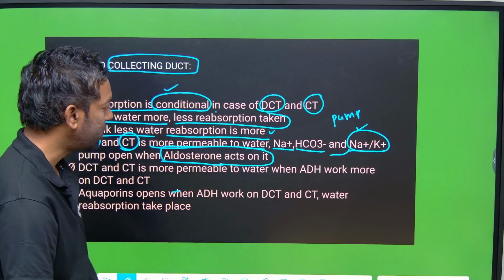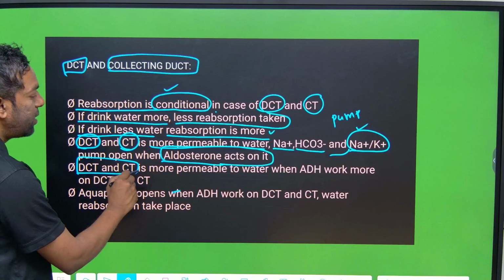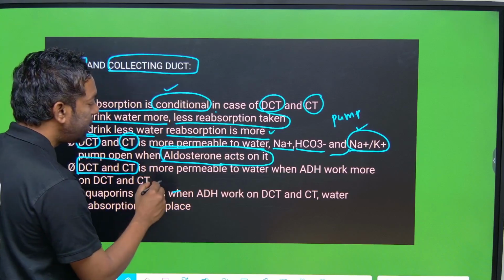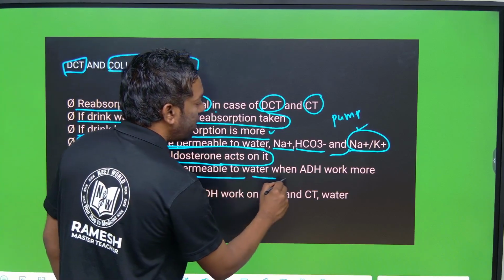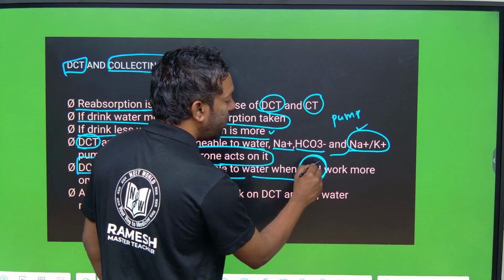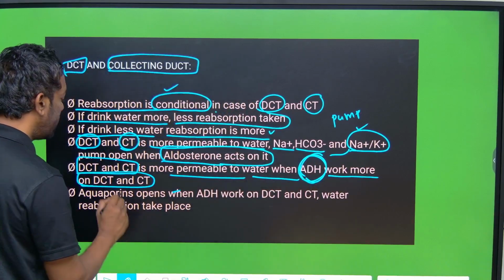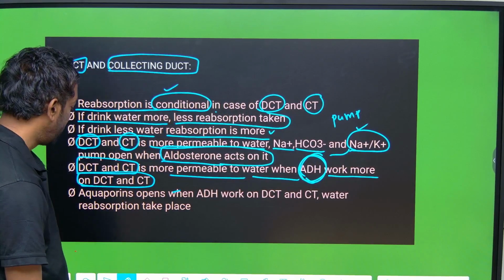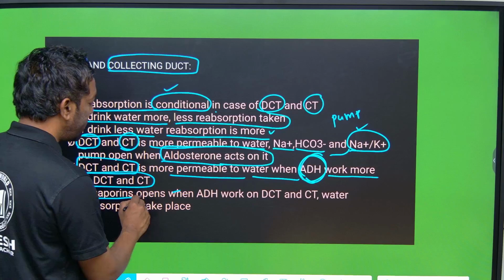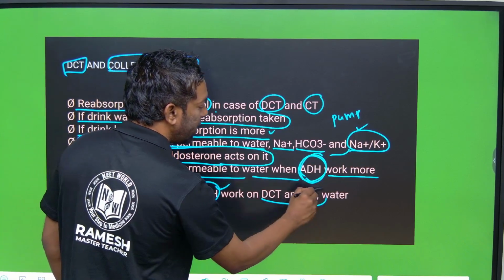We are going to discuss it. The collecting duct and DCT are permeable to water when ADH, antidiuretic hormone, works more on the collecting duct and DCT. Aquaporins open when ADH works on them.